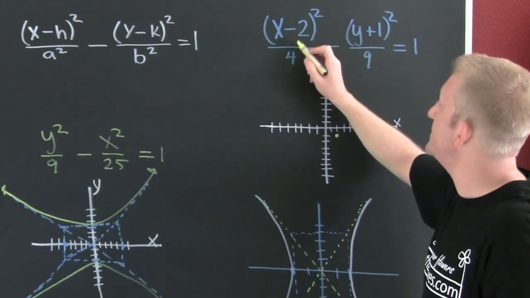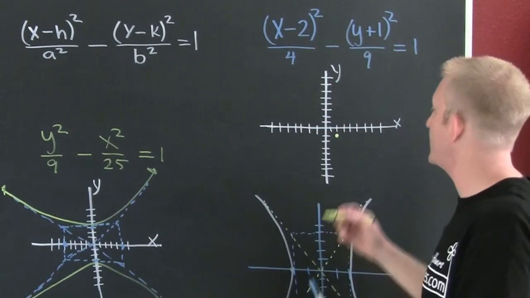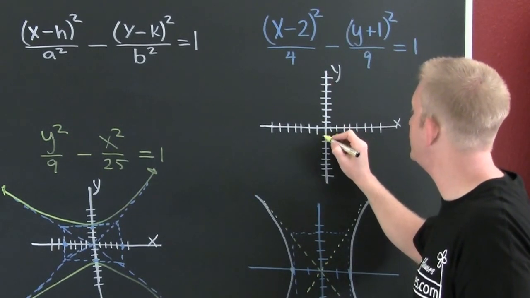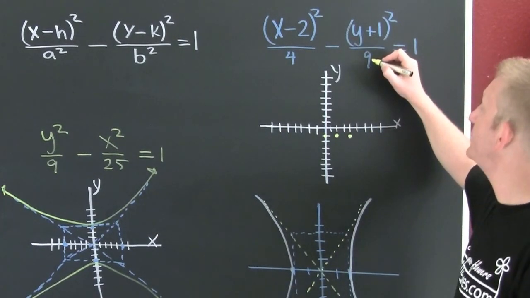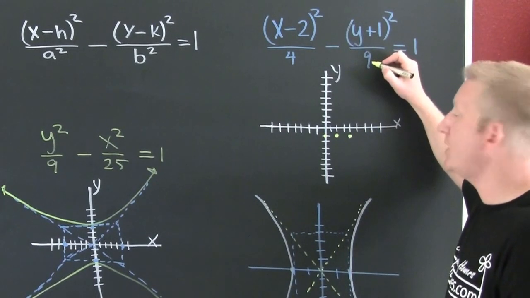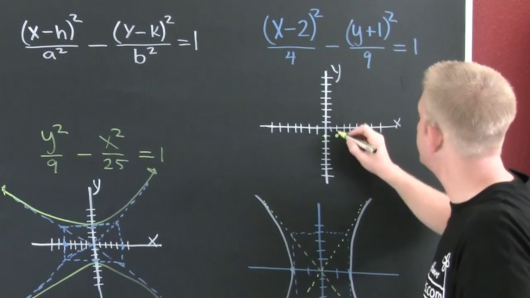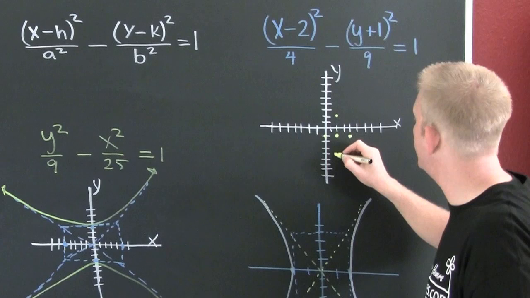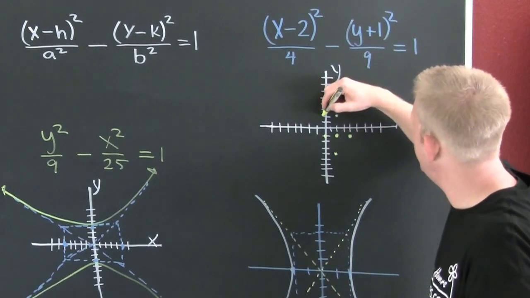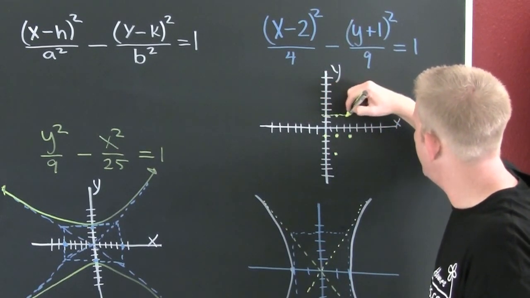Okay, so this says 2 in the x direction from that point: 1, 2, there. 1, 2, there. This says 3 in the y direction from that point: 1, 2, 3, and 1, 2, 3. So now we make a box.